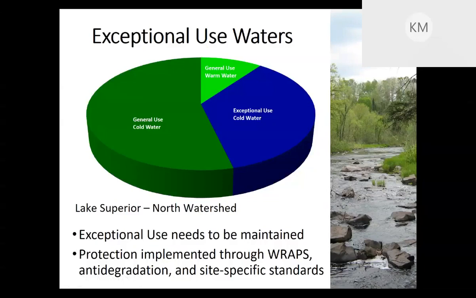We're trying to do more besides just restoration. We're trying to bring in protection strategies, and that's part of the reports, which are called WRAPS, or Watershed Restoration and Protection Strategies, to try to protect these, but they may also be protected through anti-degradation or site-specific standards when necessary.